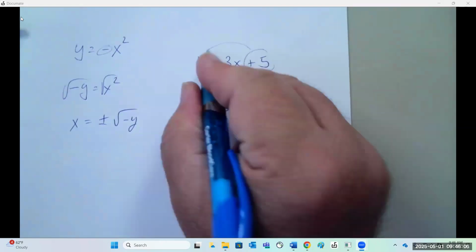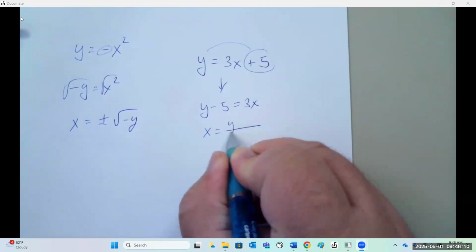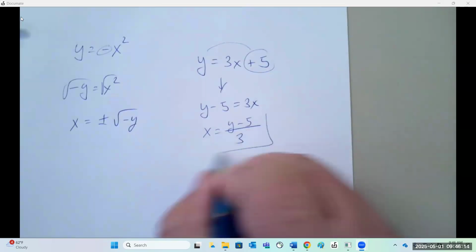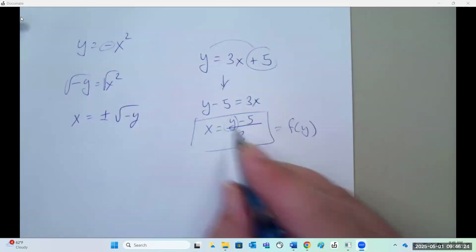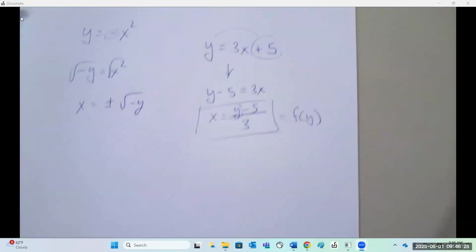Move this over there and divide by 3. This is your new function of y. That's the only variable inside there.